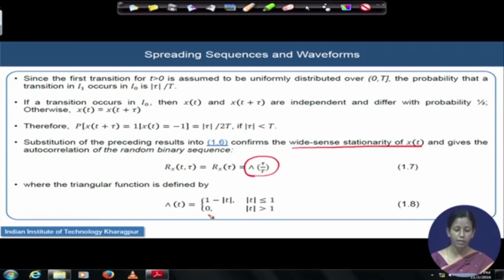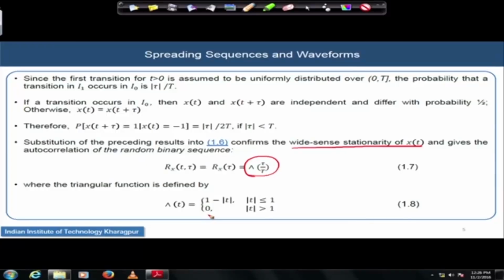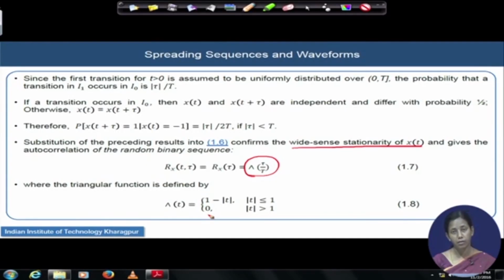So, finally, the main conclusion from this discussion is that if you are dealing with a random binary process, which is basically a stochastic process, and it is also confirming the property of wide-sense stationarity, and in such a way that either the first symbol occurrence or the new symbol occurrence after t is equal to 0 is a random variable, and that random variable is following a uniform distribution within an open interval of 0 comma T, where T is the symbol duration, then you will end up with the autocorrelation function, which will be basically a triangular function.